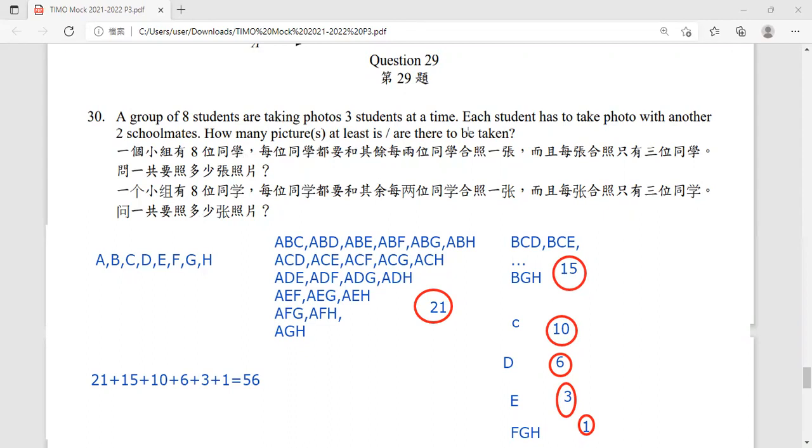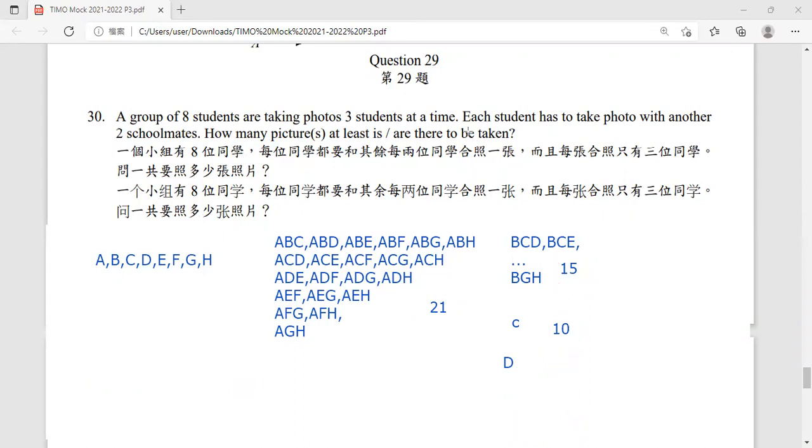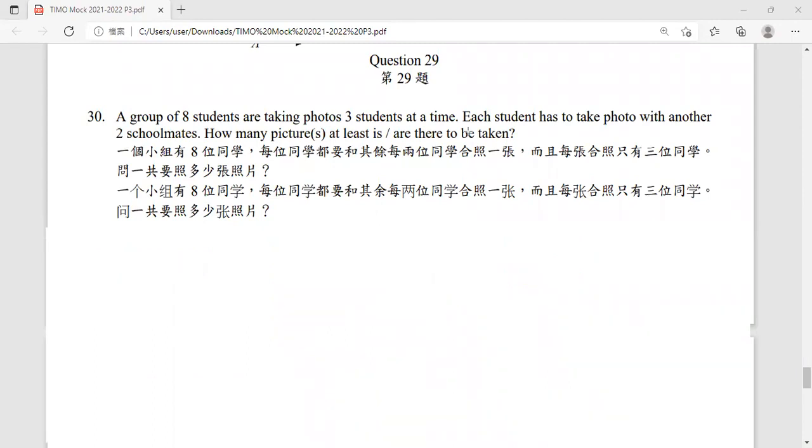If you're using C, then what happens? Then you have 8C3 because you are taking three guys, because one guy taking a photo of 2 guys, so it's 3 guys. So they're taking 3 guys together.